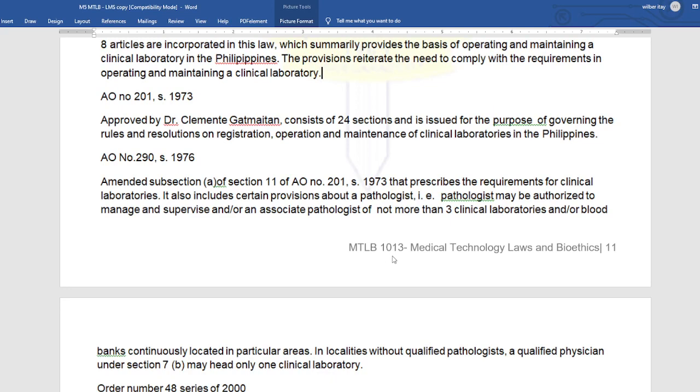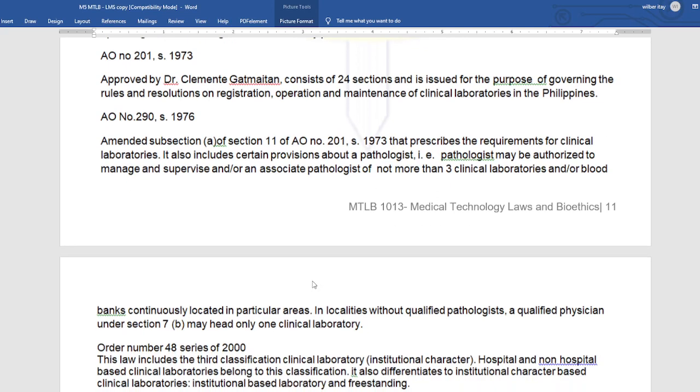Hindi dapat lalagpas sa 3 clinical laboratory and or blood banks. Okay? So, sa localities naman or sa places wherein walang qualified pathologist, okay lang din ang physician. Okay? Pwede silang mag-head ng only 1 clinical laboratory provided na meron silang training sa clinical laboratory.